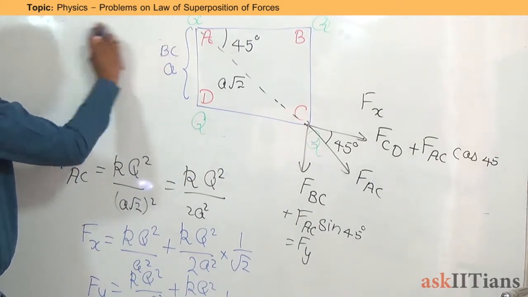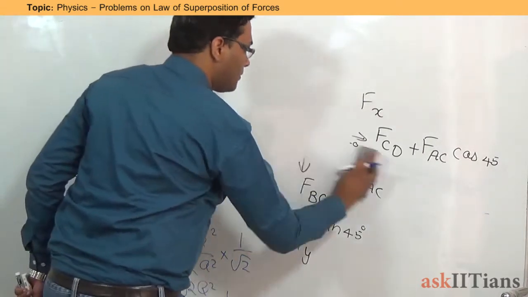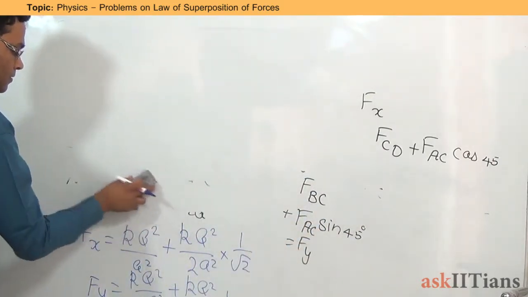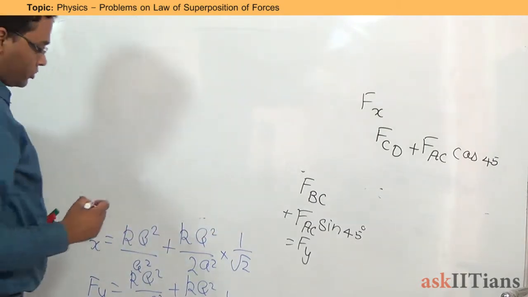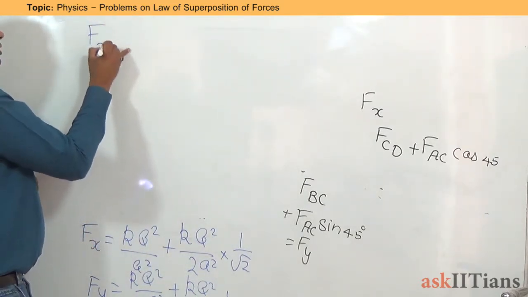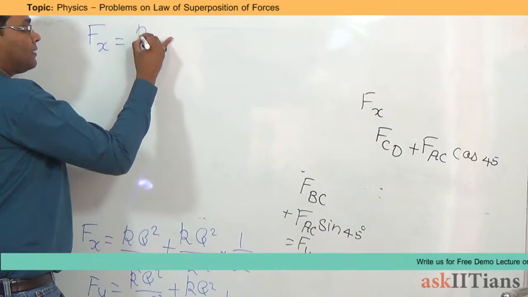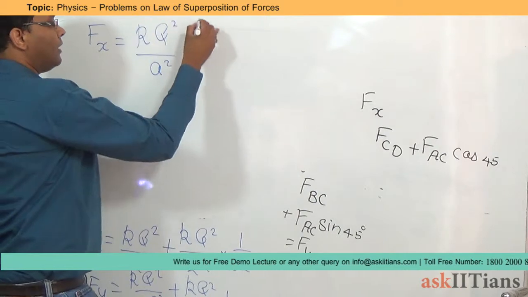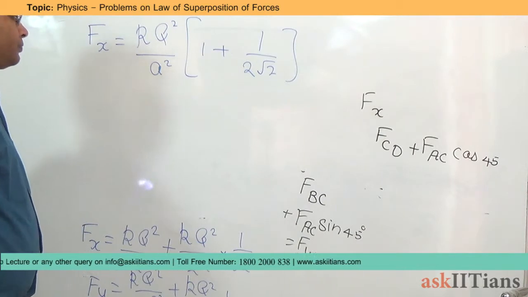So let me remove everything else now. So now I have to just simplify this. Let me rewrite this here. So Fx value, I will only solve for Fx, Fy which is the same. So Fx, here I can simply write it as KQ square by A square, and here I'll get 1 plus 1 over 2 root 2.